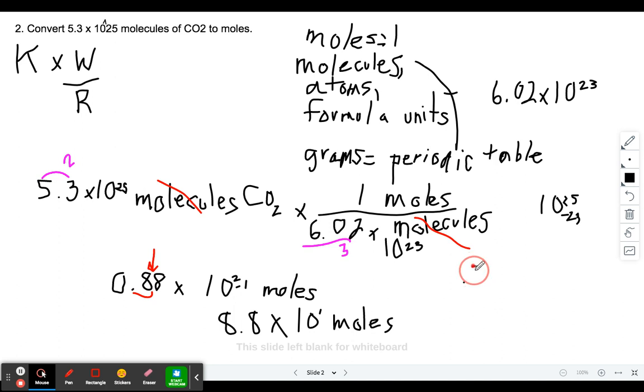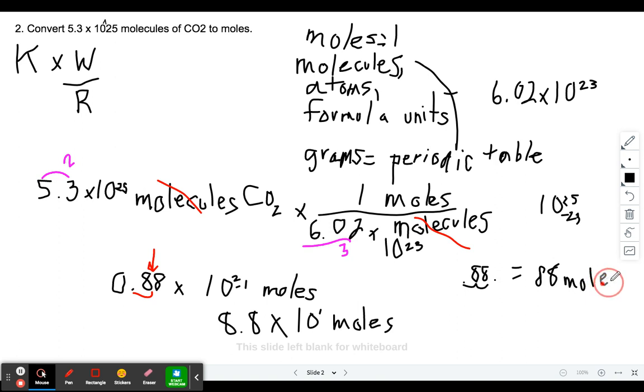Since it's a positive exponent, it's going to make my number bigger. So I just move my decimal over 1 place, 2 places, and it becomes 88 moles. Exactly the same answer I have down below, but not written in scientific notation. So 88 moles, or 8.8 times 10 to the first, either one's going to be good for an answer.